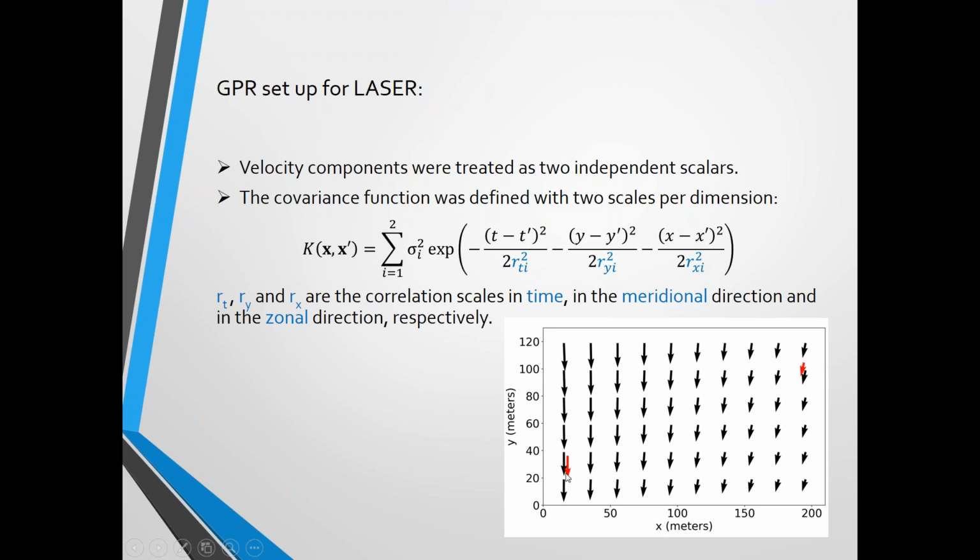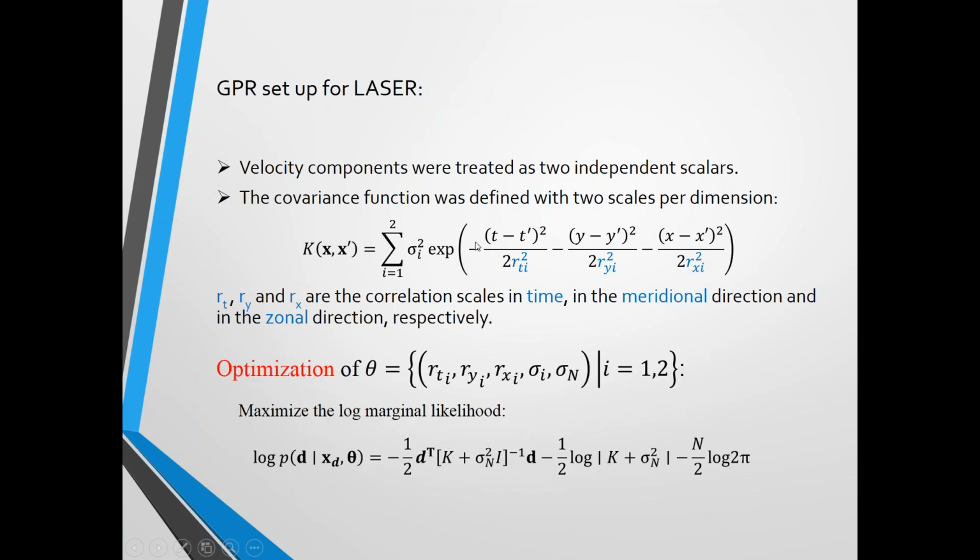This is just one sample of how it works. I have observations in red, and the vectors are the reconstructed velocities. The correlation scales in time and in the horizontal direction, the variance and the noise variance, are obtained by an optimization procedure, which is based on conditioning these parameters on the drifters observations that we have.